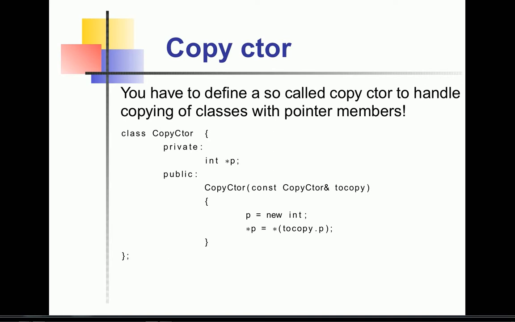So if you want to have a constructor that takes another class instance and want it copied, you need to create this copy constructor. And in the copy constructor, you allocate space for a new integer and copy the contents of the P of the copy object to the new P.